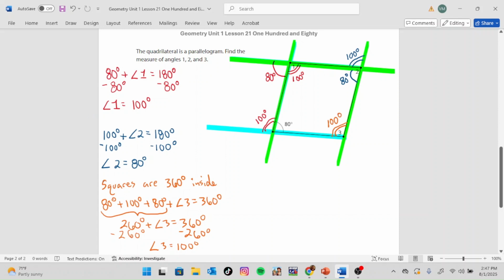So now we've solved the problem as far as they put it. Now I want to expand on this and show our learning target, proving that triangles are going to have 180 degrees.